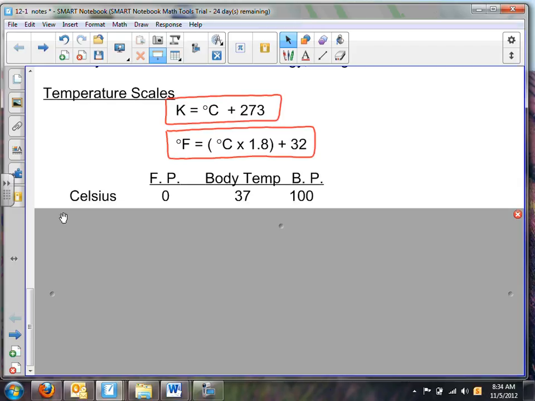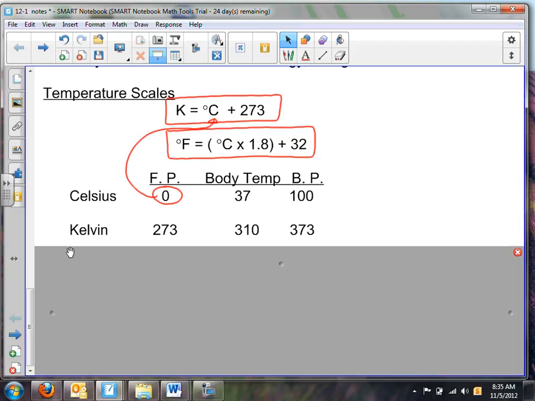So if you had to convert this into Kelvin, all you would have to do is take your Celsius degrees, plug it in here, add 273, and you would get 273 Kelvin for the freezing point. You can do the same thing, take your 37 degrees, plug it in there, add it to 273, and you would get 310 Kelvin.